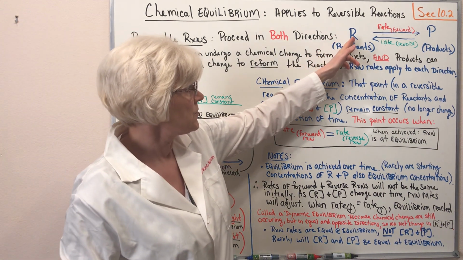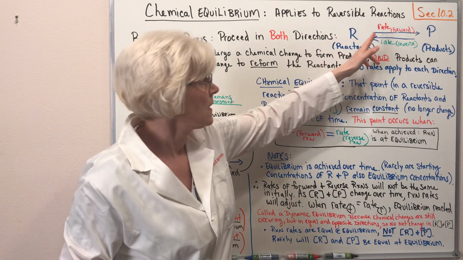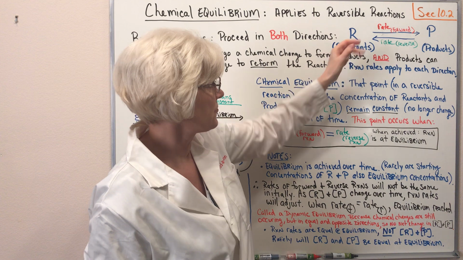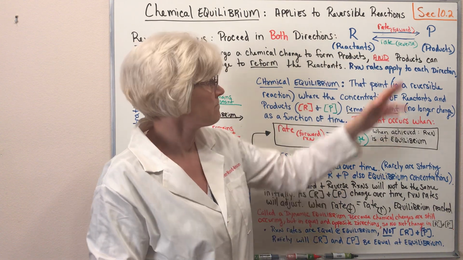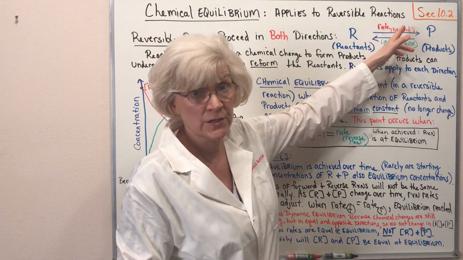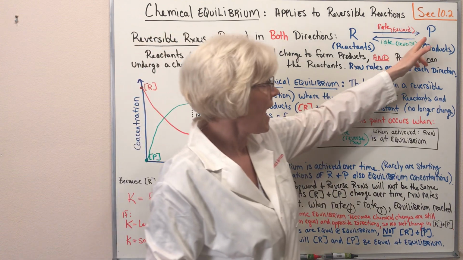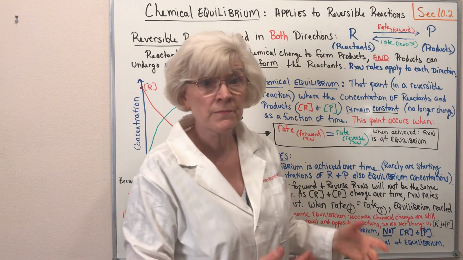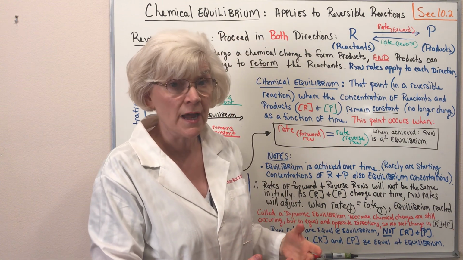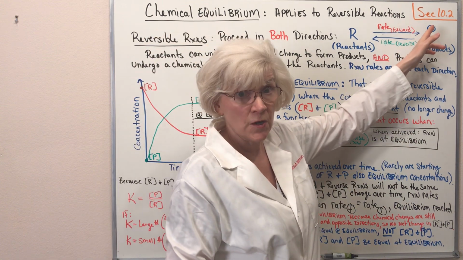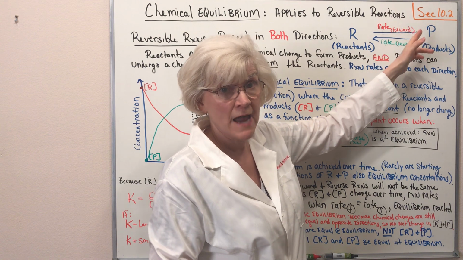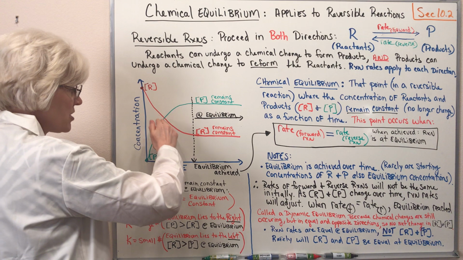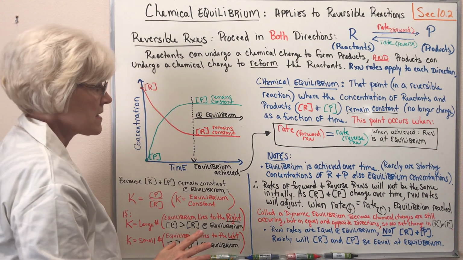So as we use up reactants, what happens to the rate of the forward reaction as the amount of reactant decreases? It goes slower and slower and slower. And what happens to the rate of the reverse reaction as you start making more and more product? Well, it goes faster and faster and faster. So we see this change in concentration happening over time.